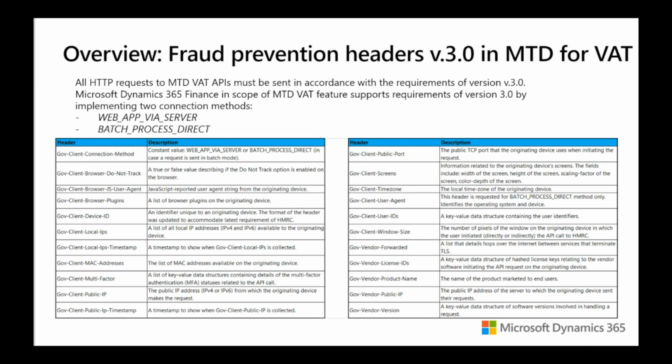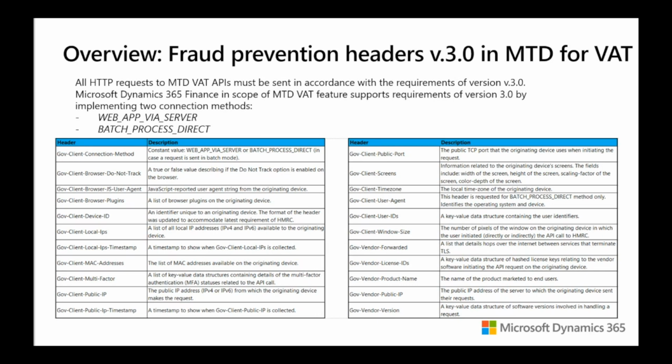There are also parameters identifying the user device and the product used, including information about its version and hashed license ID. And there are network parameters like client local IPs and client and server public IPs, with a timestamp informing when these network parameters were collected.